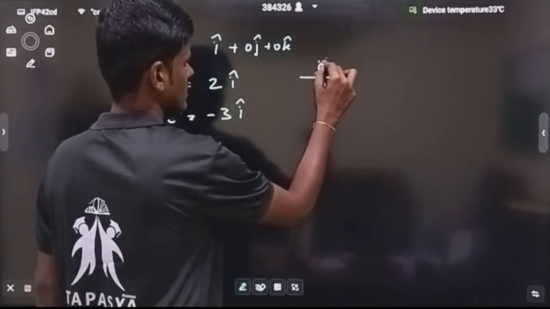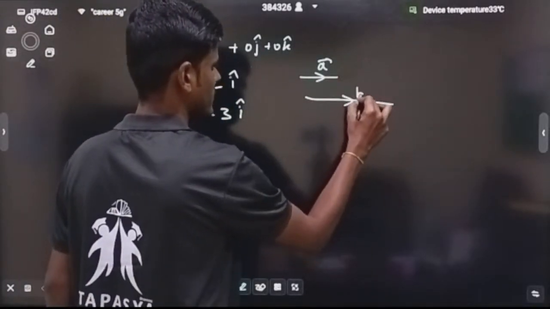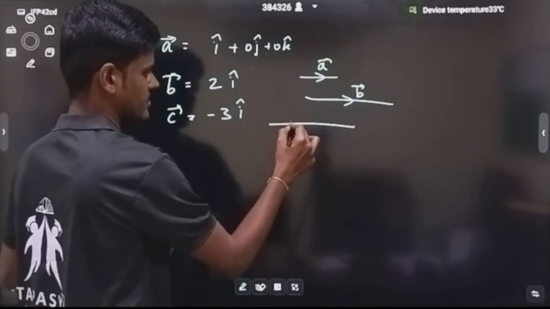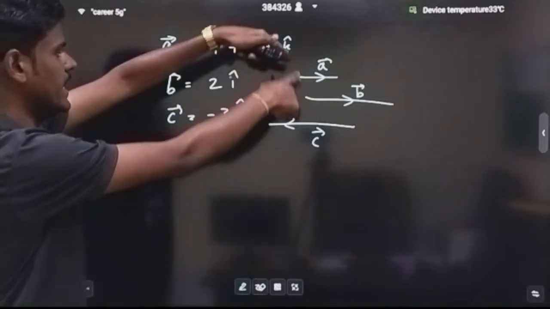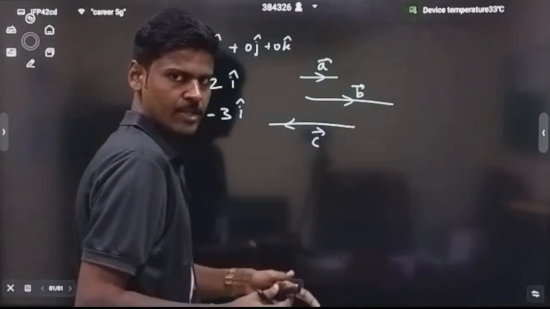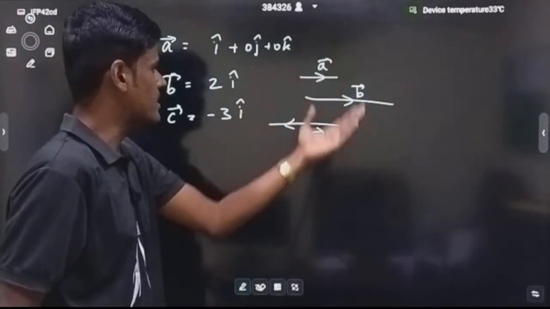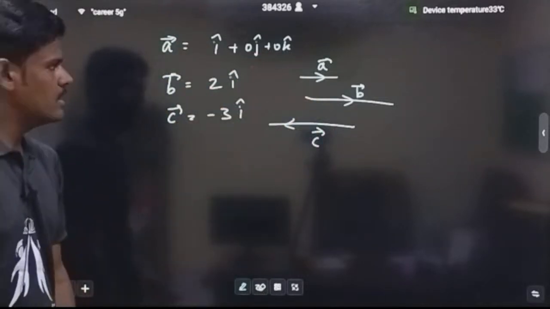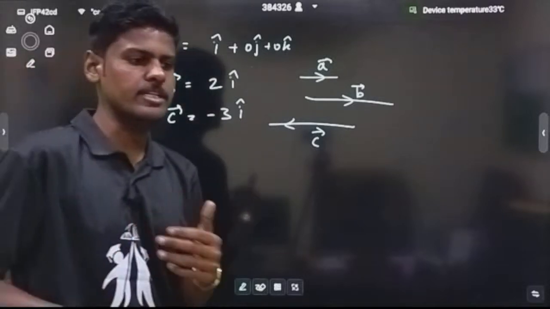A vector is this one, B vector is twice of A vector, and C vector is minus 3 times of this vector, so it is in the opposite direction. That means direction remains the same or opposite, like vectors or unlike vectors, parallel vectors. Then obviously these coefficients are proportional, and this type of proportional coefficient is called direction ratio.